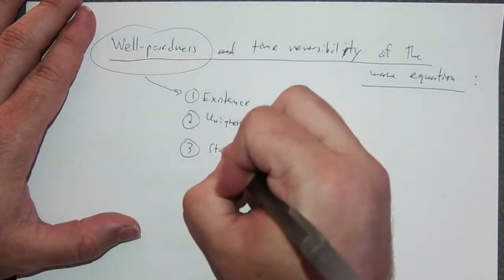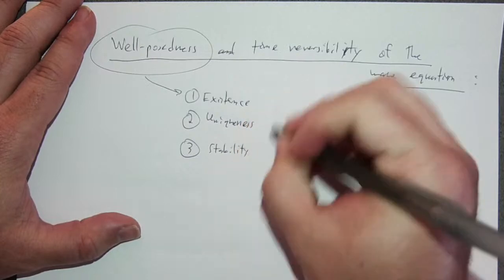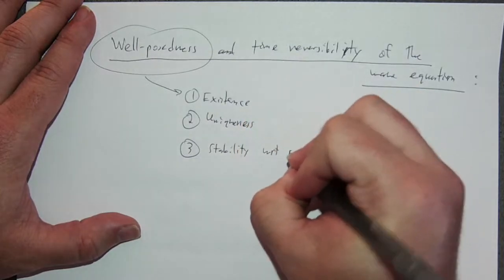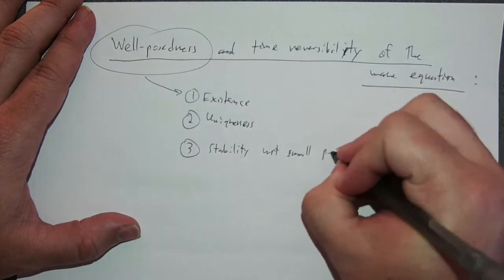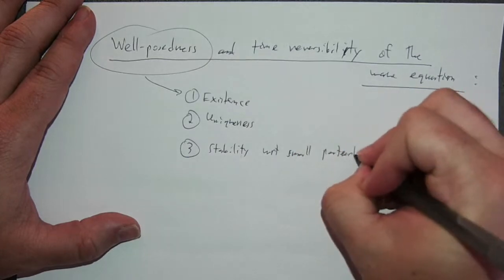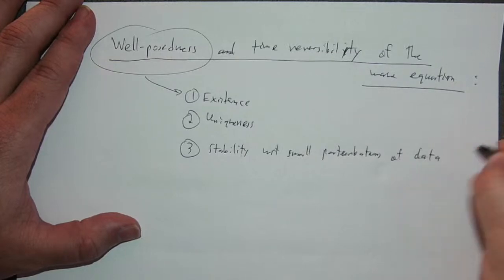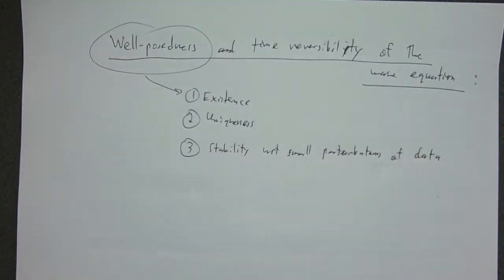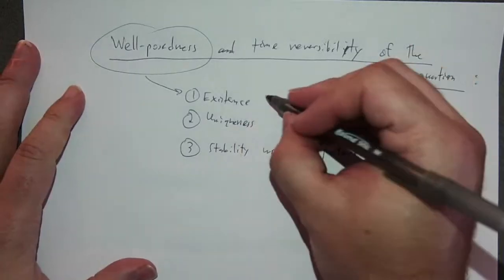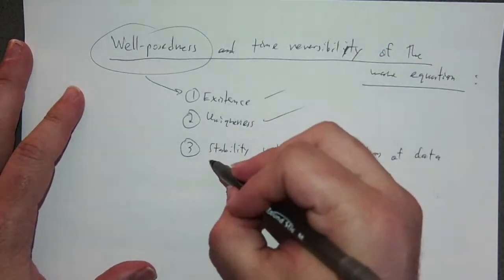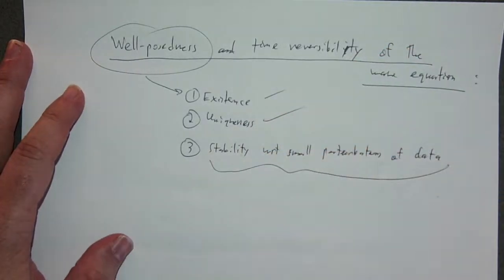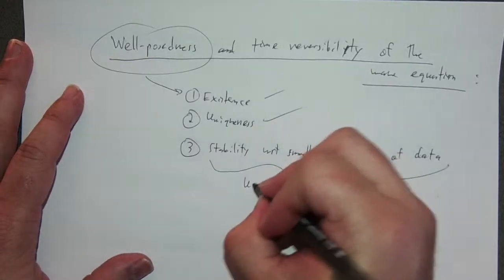So stability with respect to small perturbations of the data. So we can do this directly with D'Alembert's formula. So existence and uniqueness is already taken care of by us. So the question then is stability.